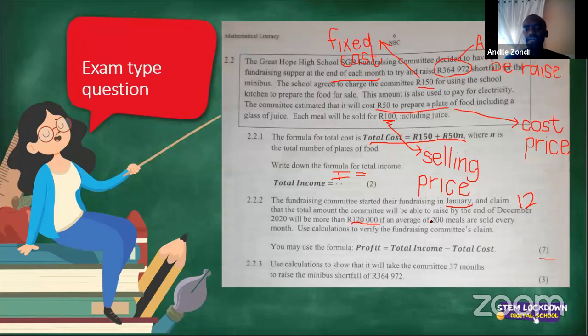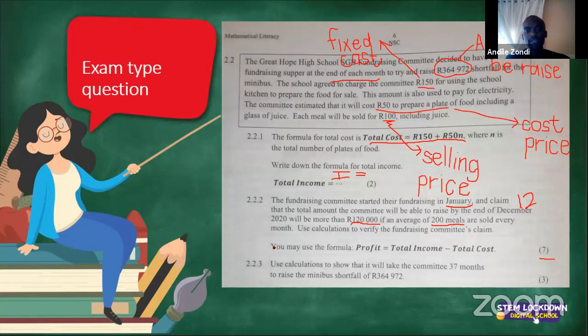It says if an average of 200 plates are sold each month, remember, once a month they fundraise, on average 200 plates are sold. So we can see that this 200 must be multiplied by 12, since there are 12 months in a year.